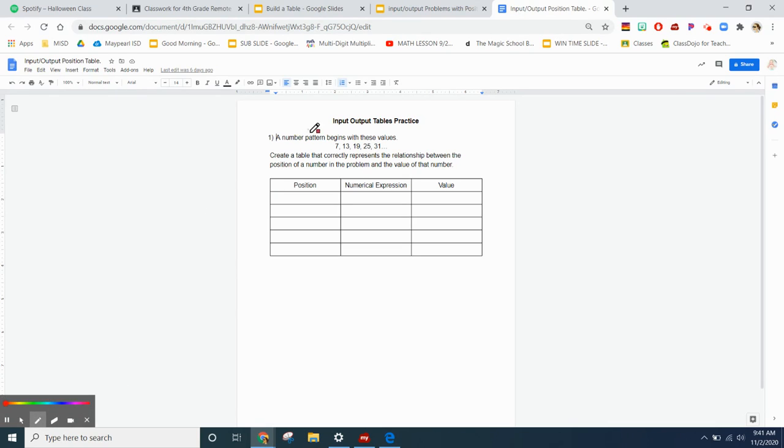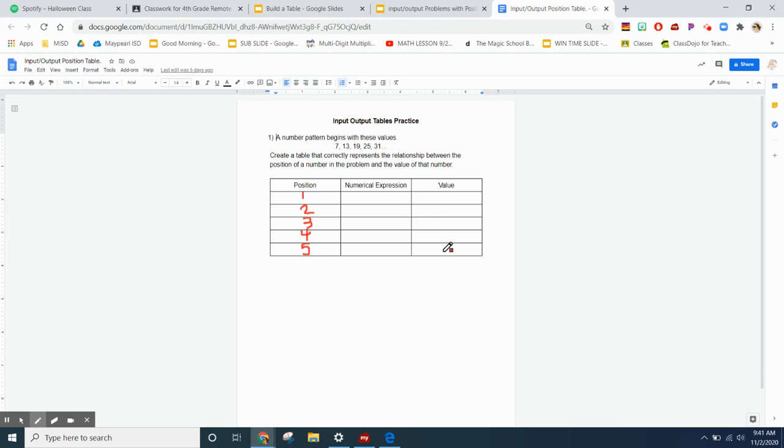Okay, so here we have a number pattern that begins with these values. Create a table that correctly represents the relationship between the position of a number in the pattern and the value. So we're going to start by listing our positions. So our positions are 1, 2, 3, 4, and 5.